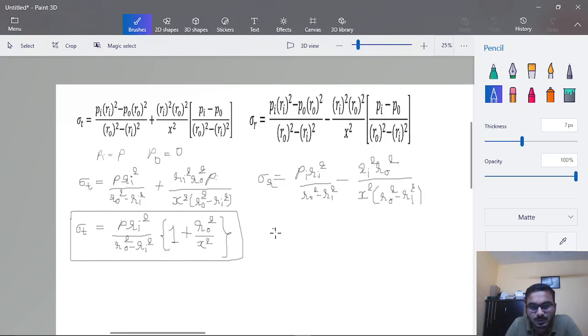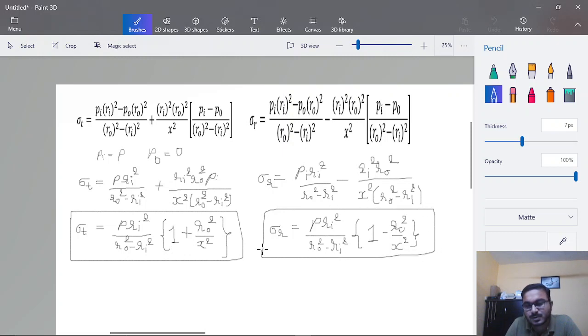So now sigma R is equal to P Ri square divided by Ro square minus Ri square into 1 minus Ro square divided by x square. So these are the two equations.